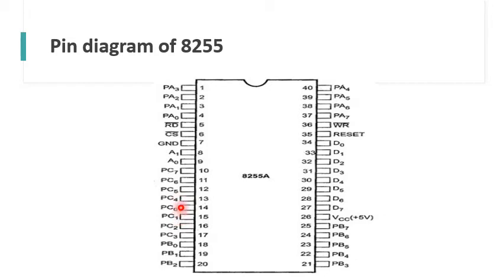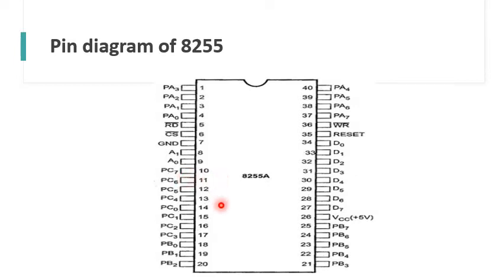These 4 pins are used by 8255 for communicating with an I/O device, and the remaining 4 pins, that is PC4 to PC7, are also used by 8255 for communicating with I/O devices.